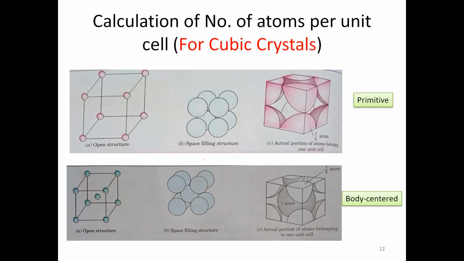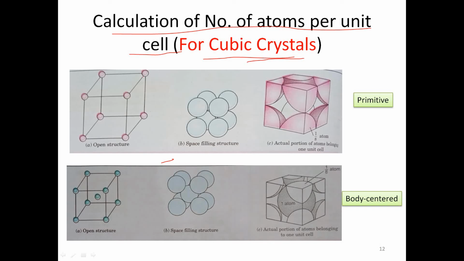Now coming to the most important or most exciting part of this chapter. In the next class we will do calculations of the number of atoms per unit cell. In your syllabus we will do this only for cubic systems; the other 6 systems will not be studied here.